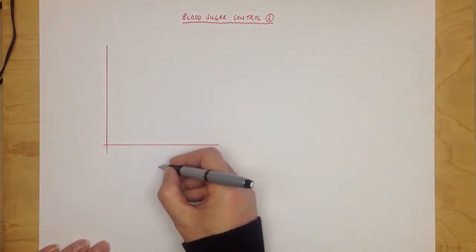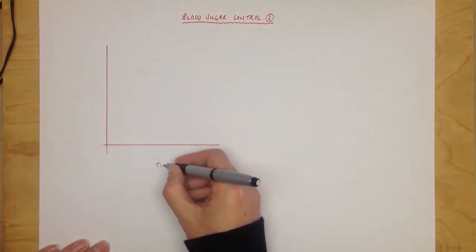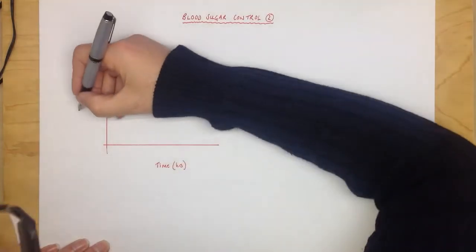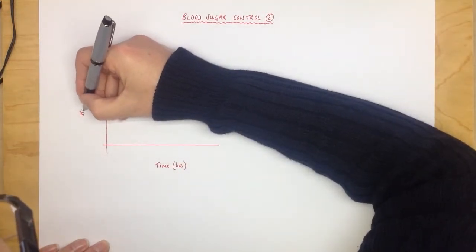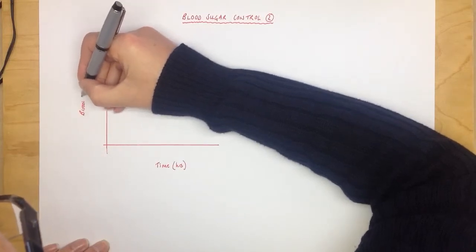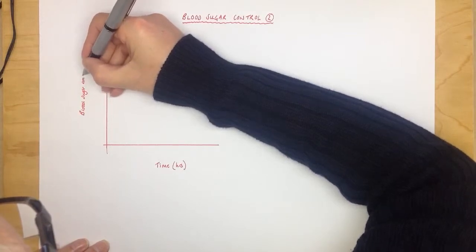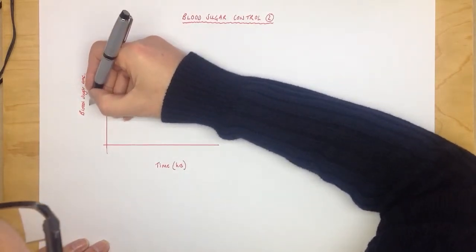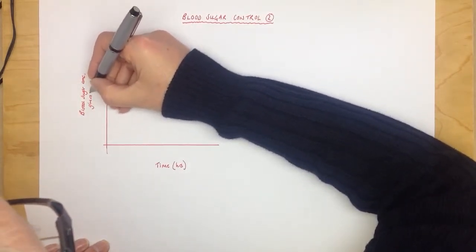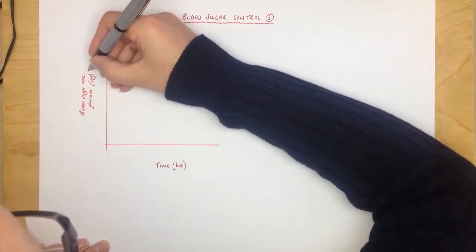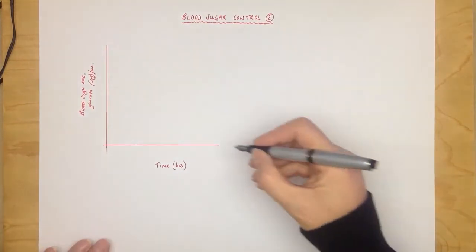Time goes along the bottom, normally in hours, and blood sugar concentration. Sometimes they say it's glucose concentration, and it's normally in something like micrograms per milliliter.